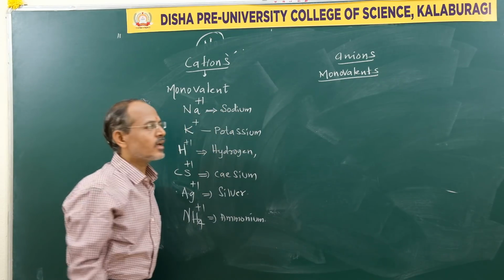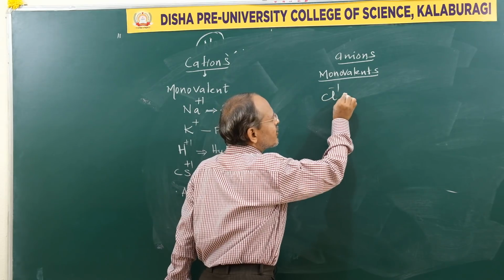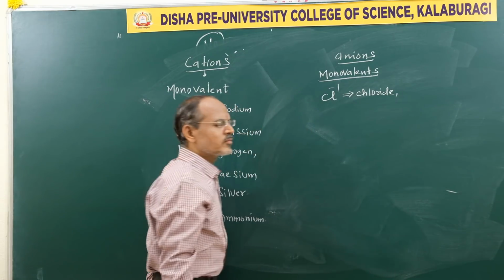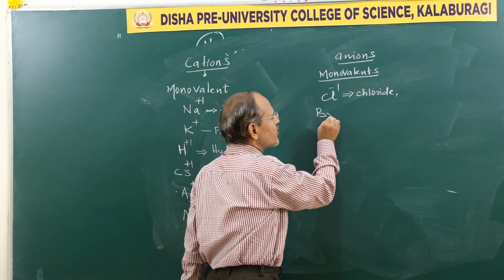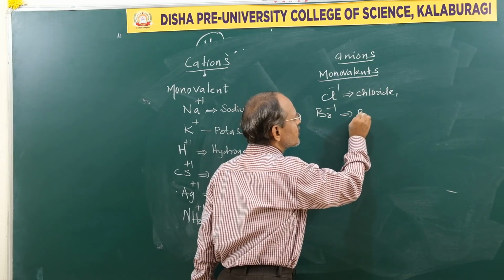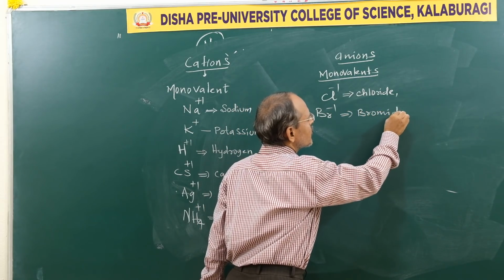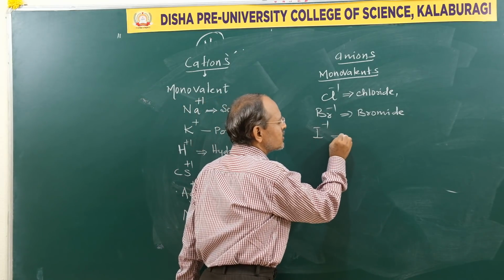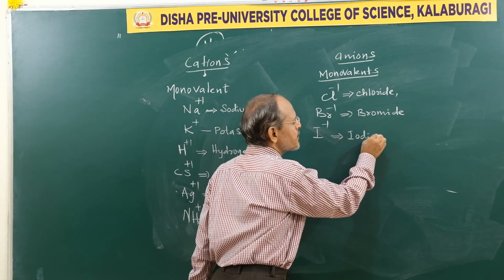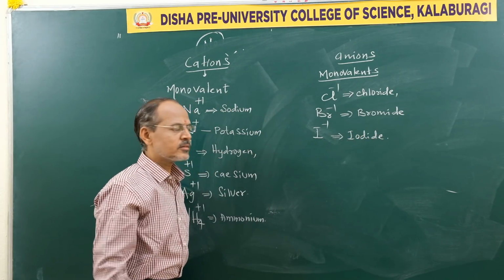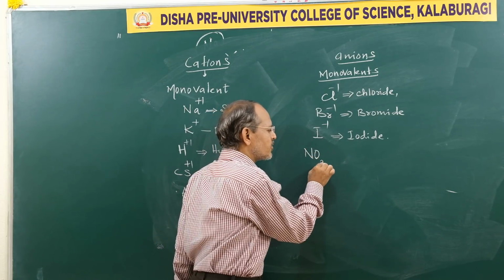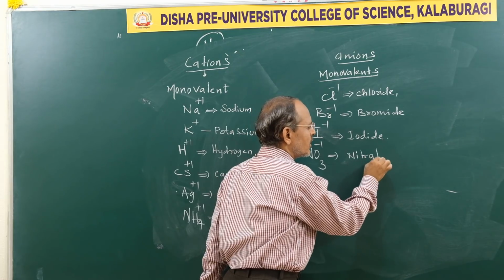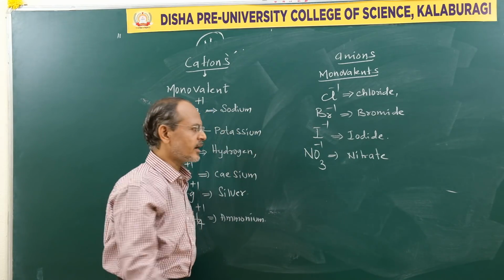Monovalents. Here Cl minus 1, that we call chloride. Br minus, bromide. I minus 1, iodide. NO3 minus, nitrate.